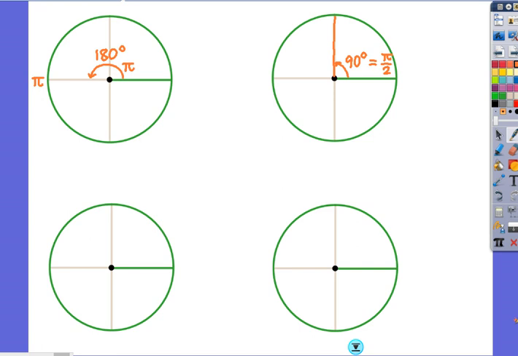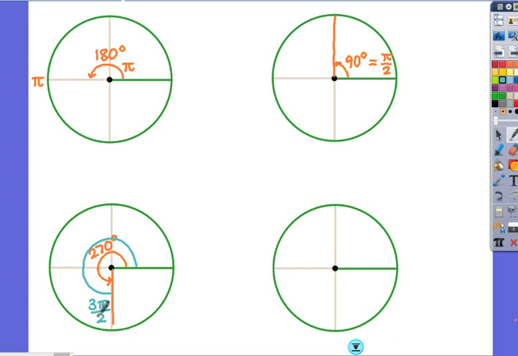We can measure all kinds of angles. If we went 90 plus 90 plus 90 and went all the way out to here, 90 plus 90 plus 90 is 270 degrees. And if we're thinking radians, we're thinking, okay, well, we had a half a pi, another half a pi, another half a pi. That's 3 half pi's, or 3 pi over 2.